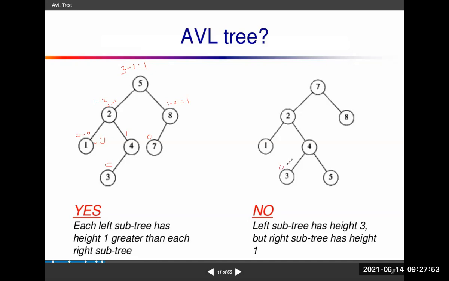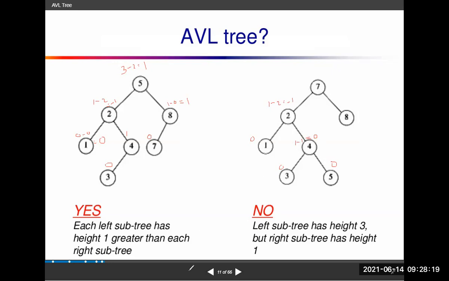Consider this example. Here left and right are 0. Here left is 1, right is 1, 1 minus 1 is also 0. Here left 0, right 0, that is 0. Here left is 1 and right is 2, 1 minus 2 equals minus 1. Here also balanced. See here in this one, how many nodes are there?